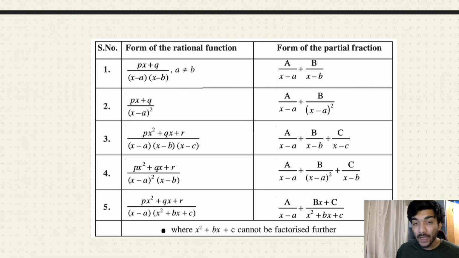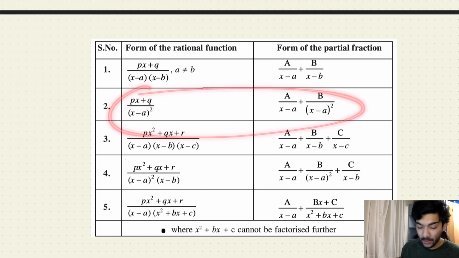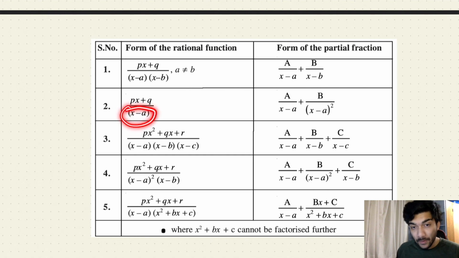So this is the basic idea of partial fractions, and you can extend this property to other types of expressions. For example, you have another expression with a px plus q term in the numerator and an (x minus a) whole square term in the denominator. It can be easily simplified to A upon x minus a plus B upon (x minus a) whole square. So again, you see a different pattern over here.